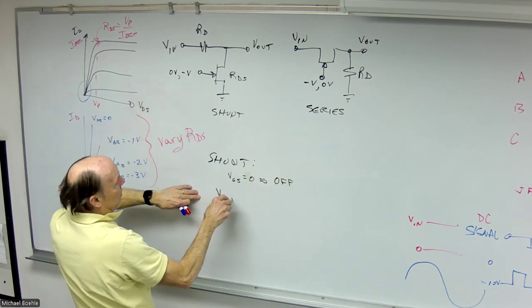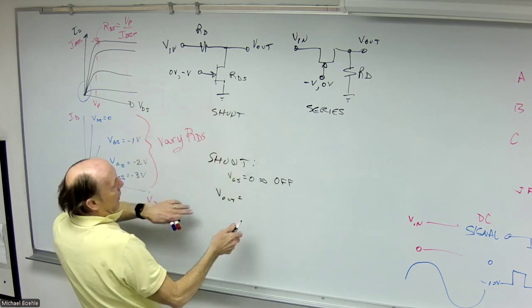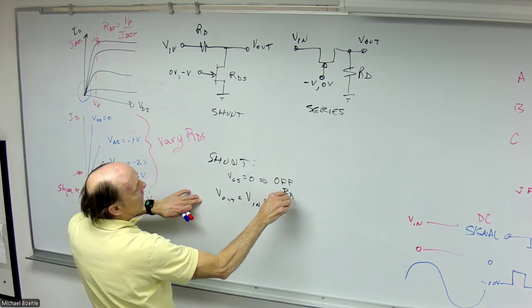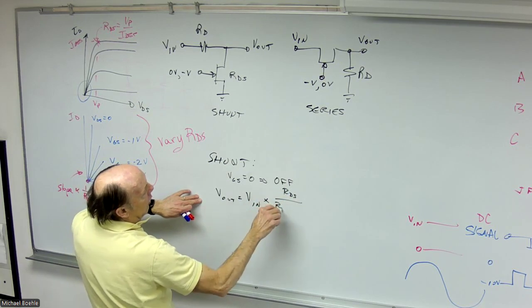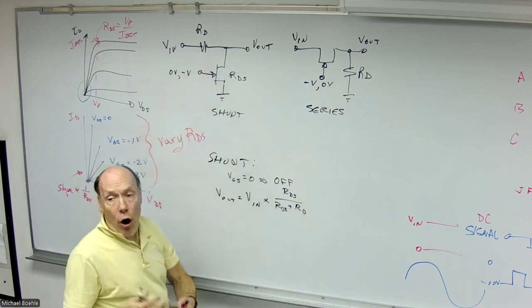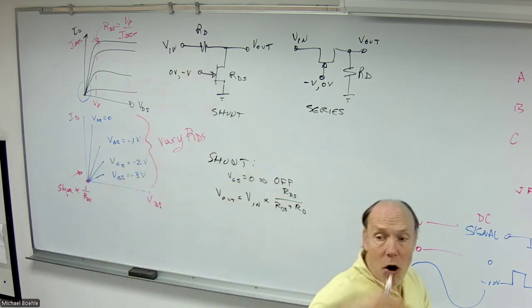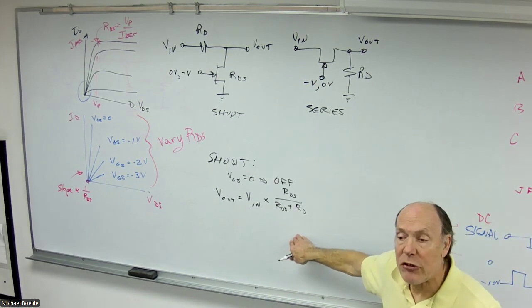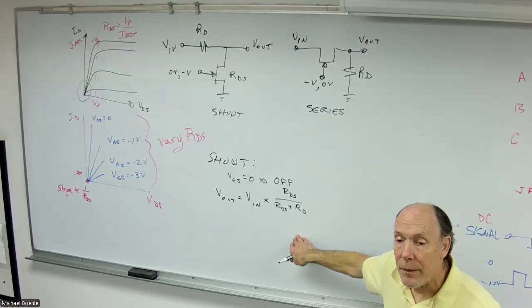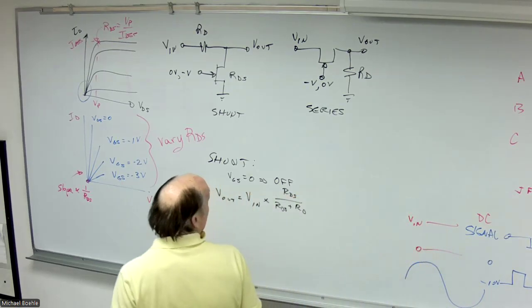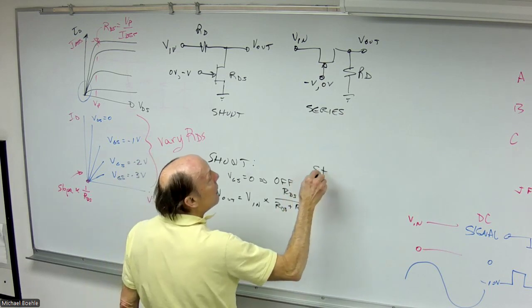The output voltage, the voltage divider, will be whatever the input voltage is times RDS divided by RDS plus the drain resistor. Well, RDS is relatively small compared to the drain resistor, so this output voltage is going to be very small. Make sense to everyone?